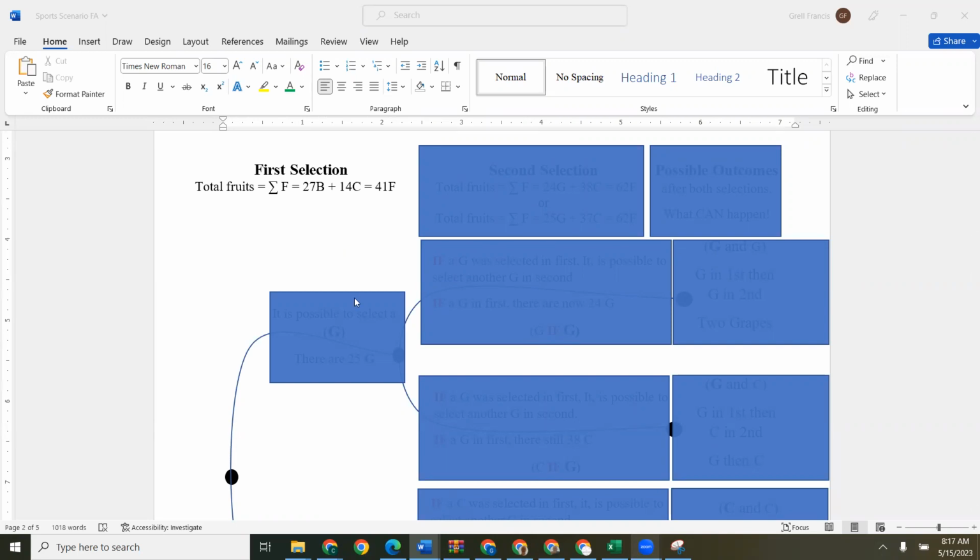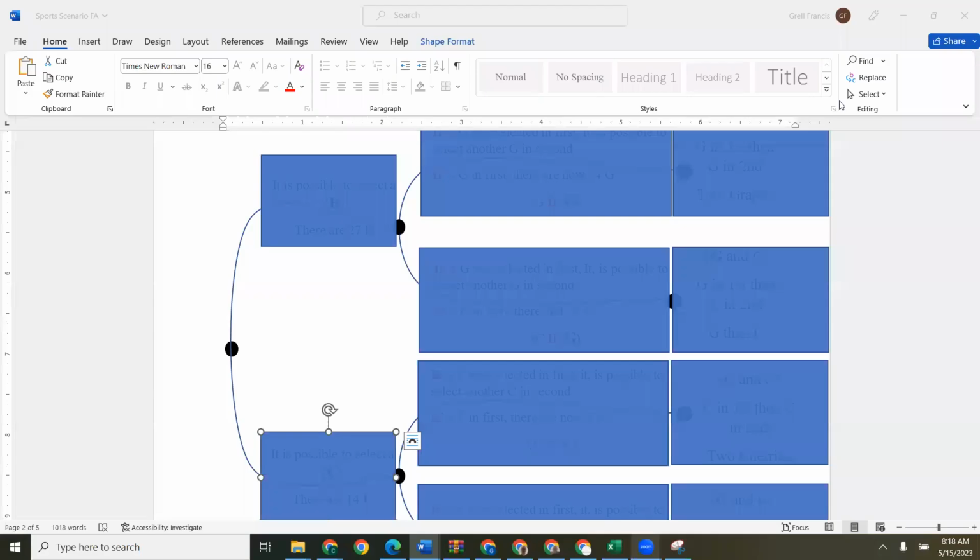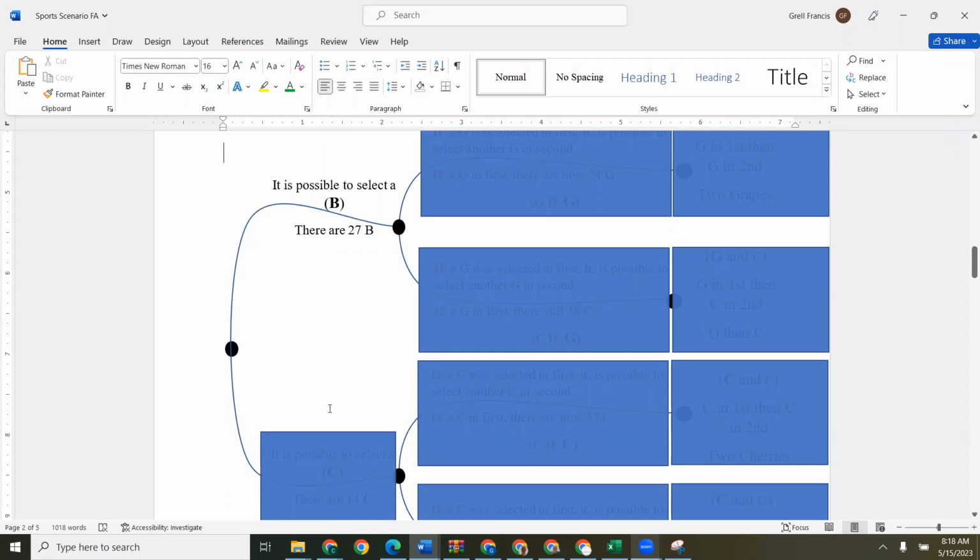So it is possible for her to select a berry or a cherry. And these two possibilities are represented by branches, a berry or a cherry. Now, the probability of selecting a berry is 27 out of 41 in the first selection by virtue of this fundamental formula for probabilities.